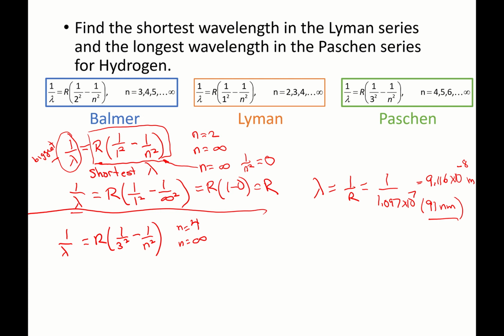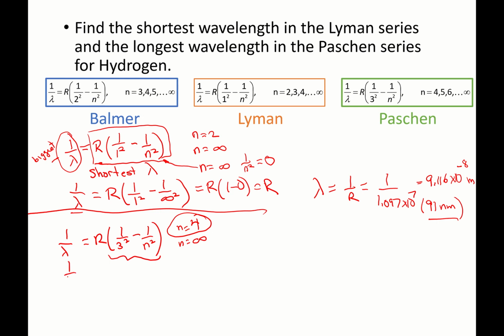But we just talked about up above how n equals infinity is going to give us the smallest value of the wavelength. So n equals 4 is going to give us the longest wavelength, because it's going to give us the smallest value that we can possibly get of that thing in the brackets. And so that will give us the longest value for the wavelength.